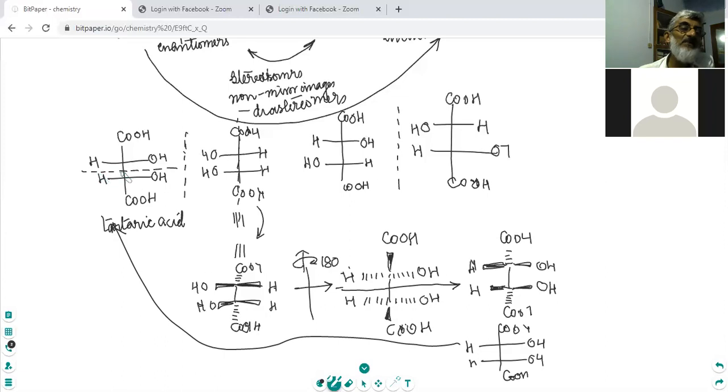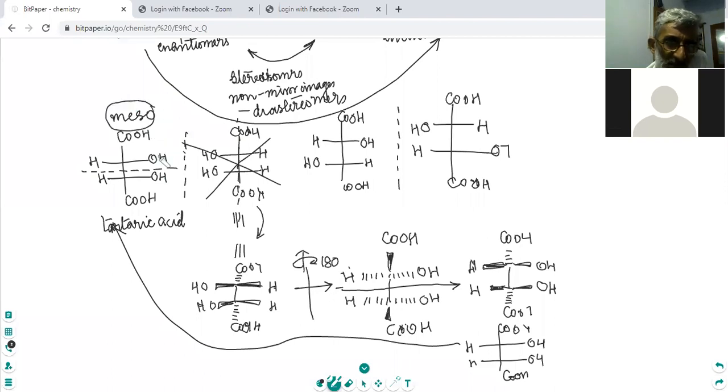If I keep a mirror here, this is a mirror image. Such molecules which are having an internal plane of symmetry, in spite of having chiral carbons, are called meso compounds. So these two are just the same. You have only one compound representing this structure. So this is what is called a meso compound.